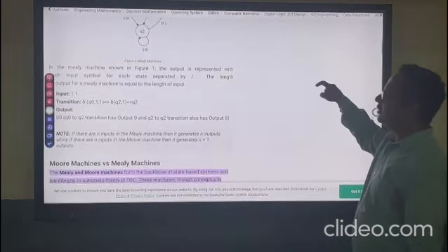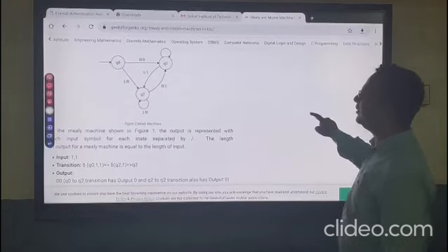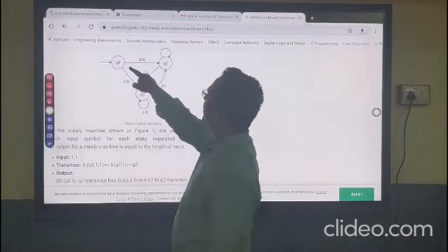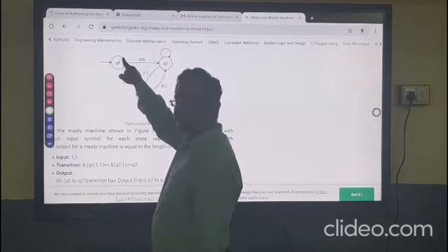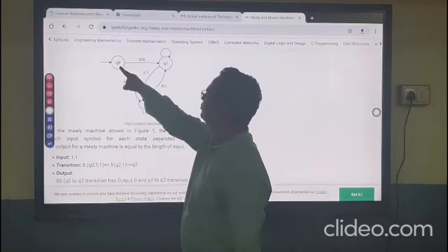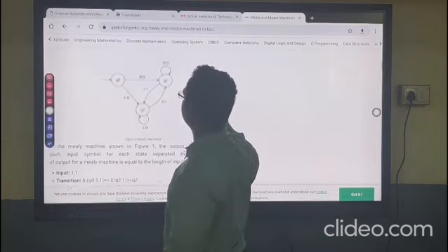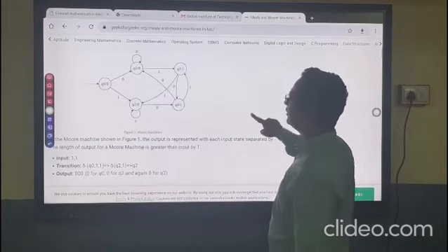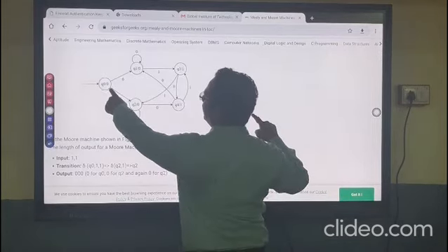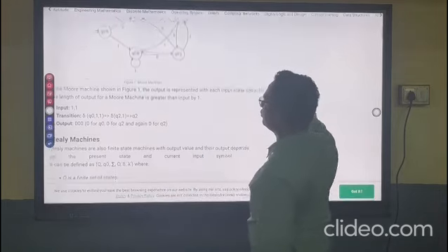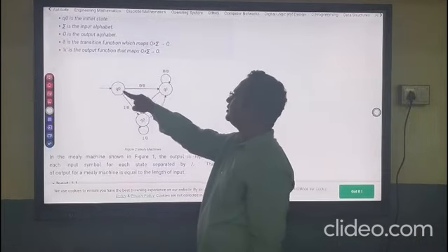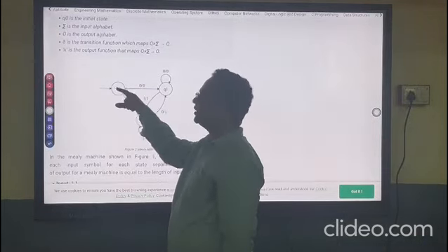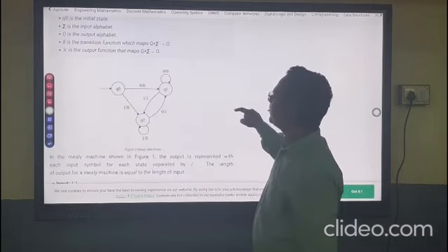Now this is my Mealy machine. In the Moore machine, there was previously one output added, but here it is not. As we saw there, Q0 already had one output 0, but in this diagram Q0 does not have any output previously.